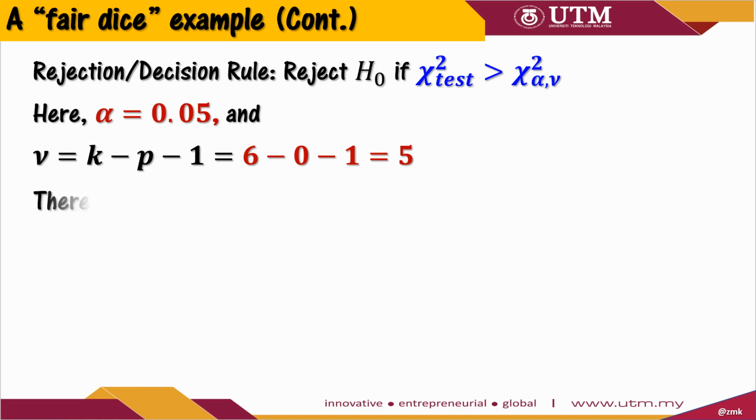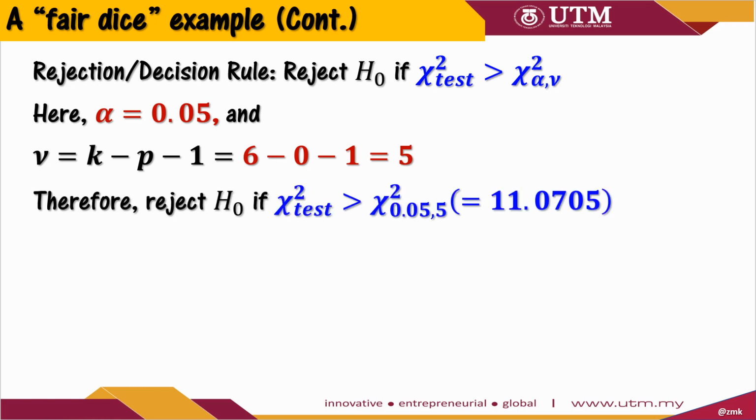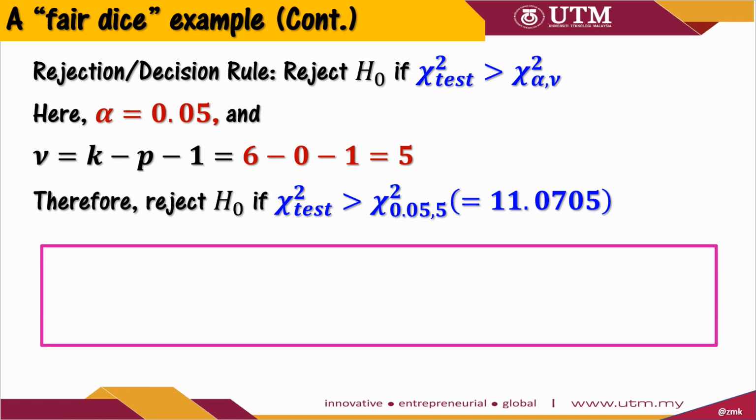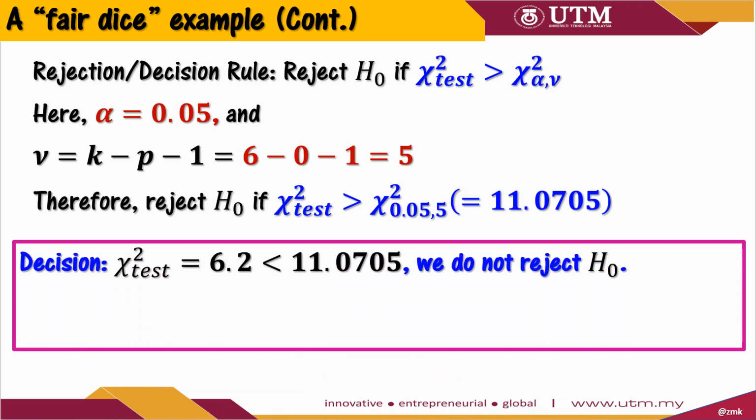Therefore, the decision rule is to reject H0 if the chi-square test statistic is greater than the critical value chi-square 0.05, 5, given by 11.0705 from the statistical table booklet, page 36. Now, by comparing the test statistic value with the critical value, we can see clearly that the chi-square test statistic value, which is 6.2, is smaller than 11.0705.